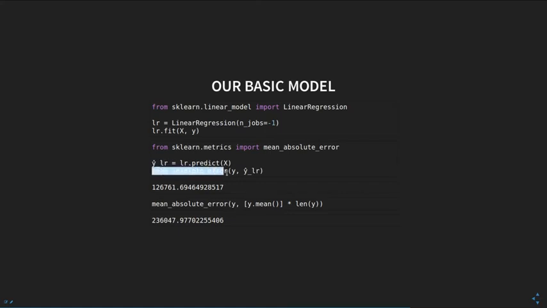I'm going to measure the mean absolute error between our actual values and the predicted ones. And I'm off by this much apparently. So this is in dollars. So I'm actually off by a lot, but as you can see here, the mean absolute error of the mean for all the values, so this is just the mean score.